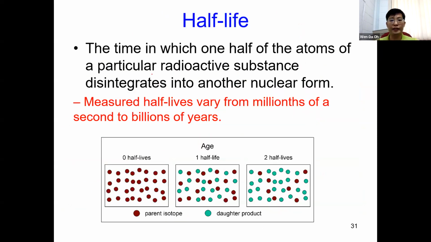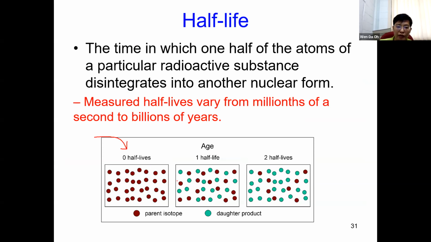The next one will be the half-life. Half-life is generally the time taken for a particular radioactive element to become half of its original power, in terms of the intensity of the release of the isotope. For instance, if you look at this, this one is zero half-life.